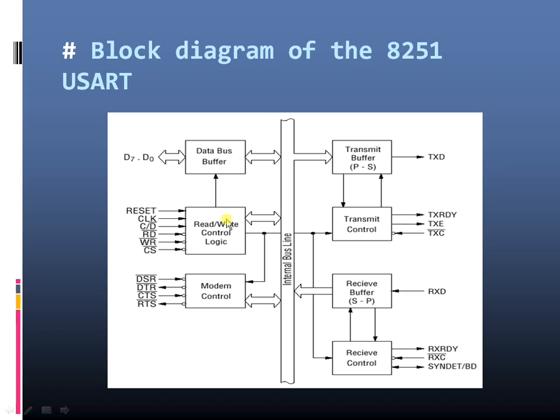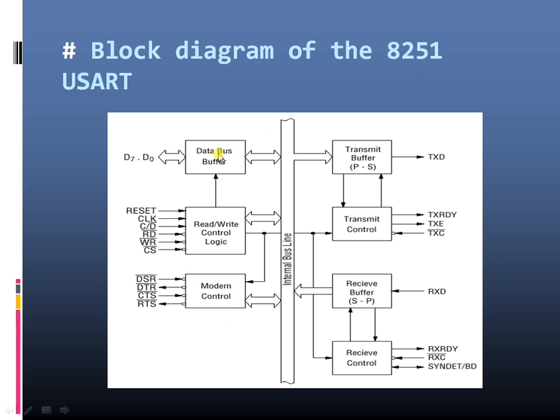And here we have a read-write control logic. As you can see, some input pins are present for this read-write control logic, where it internally has some registers, and this control logic provides some control signals. Whenever we are interfacing a modem, then we have to use these modem control signals.